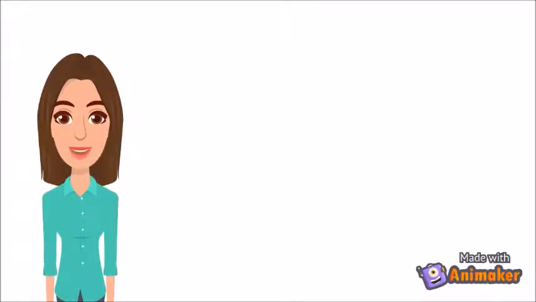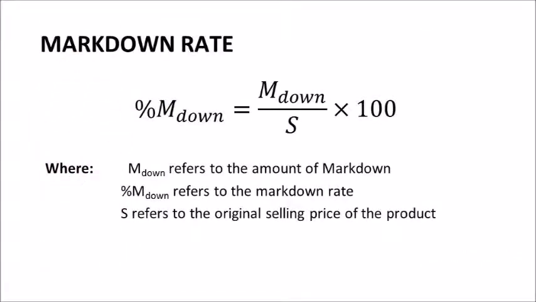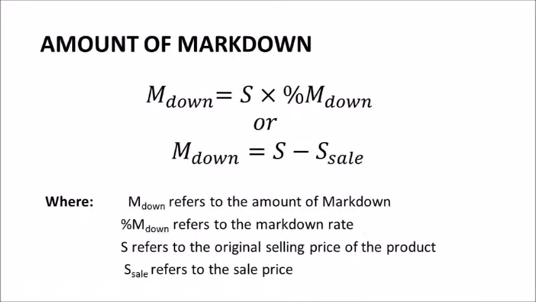However, you can get the markdown rate by using this formula. To get the markdown rate, you simply divide the amount of markdown by the selling price and multiply the quotient by 100.